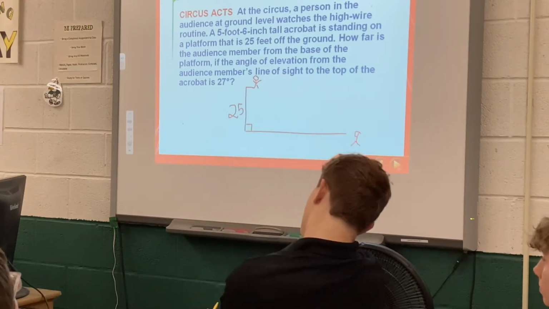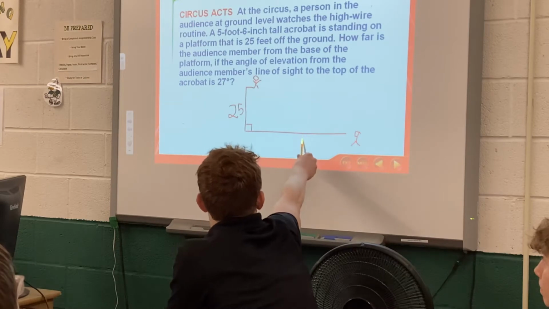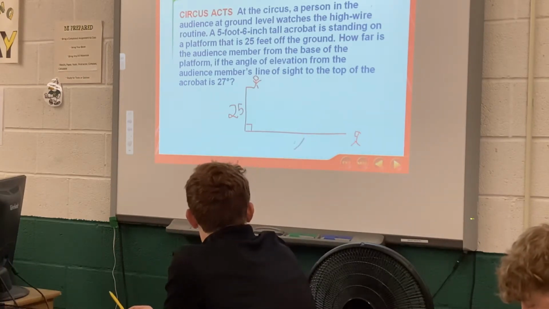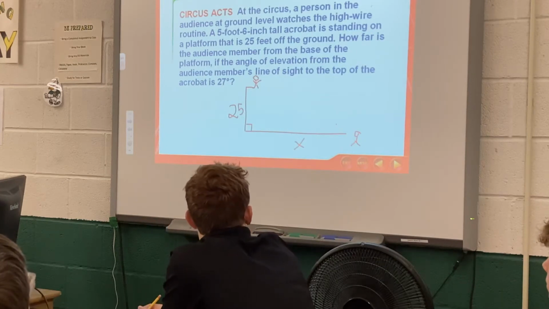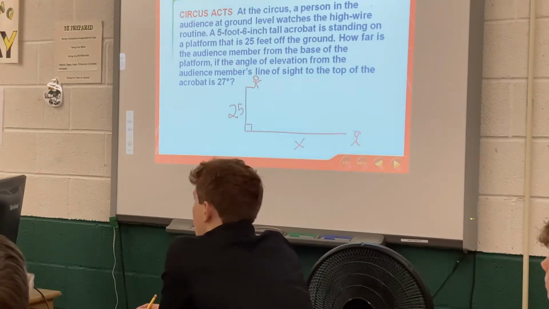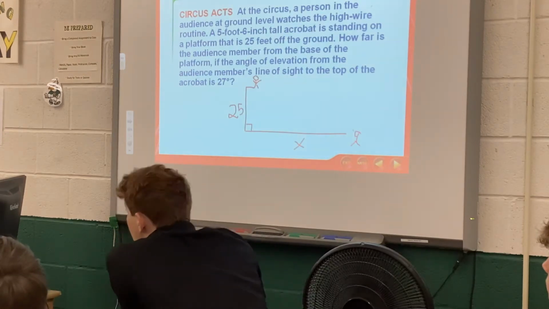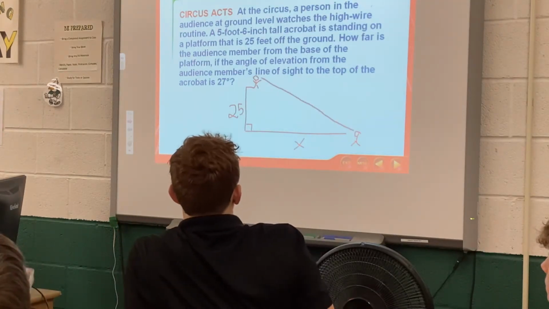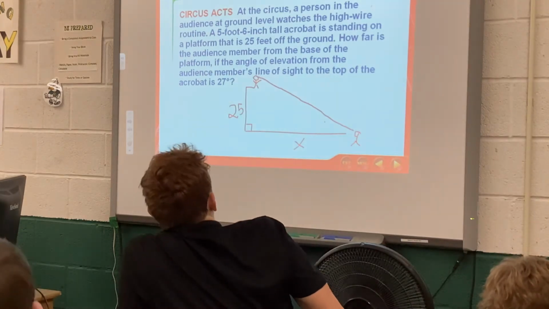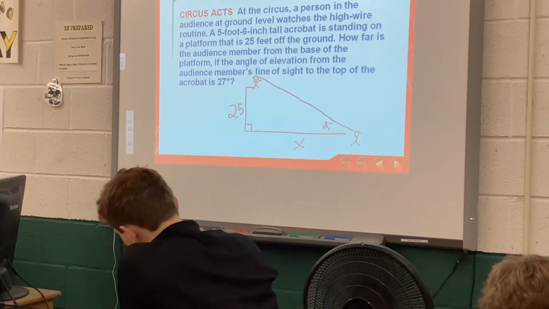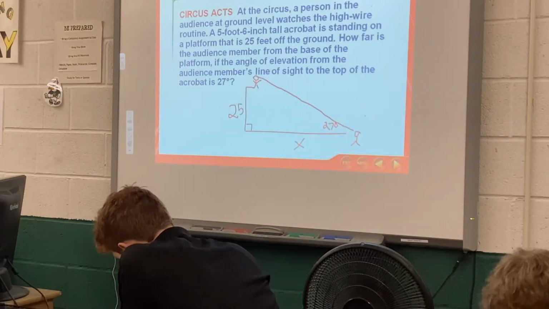How far is the audience member from the base of the platform? Where does his X go? On the bottom. So X should be down here, right? If the angle of elevation from the audience member's line of sight, so I'm starting at my eyes down here, to the top of the acrobat is 27. So where's 27? Should be down here.